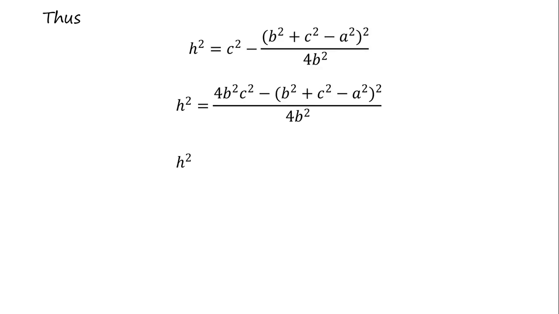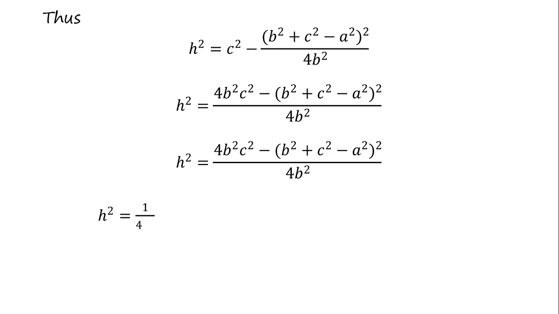Continuing further, making h squared the subject, we are able to come up with that expression, and that is our expression for h squared. That can be our equation 4.